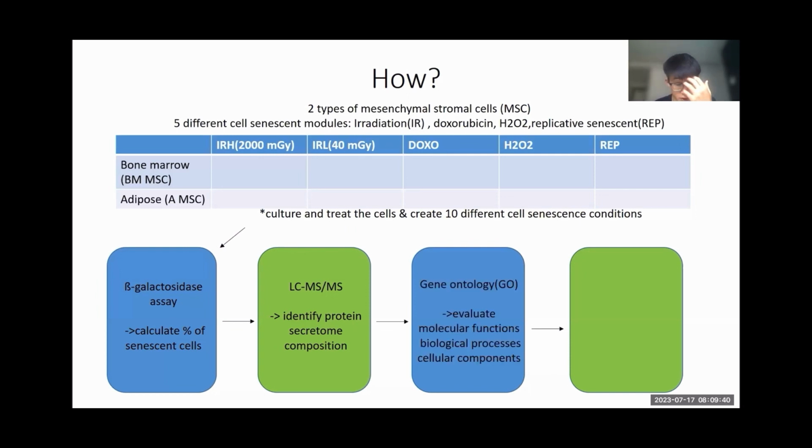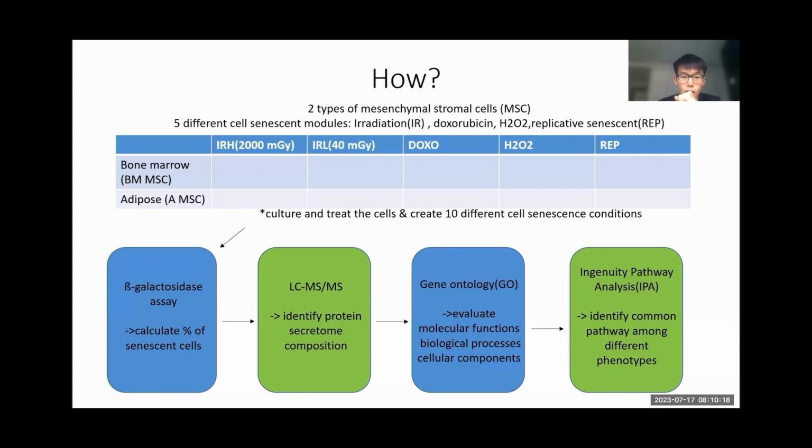And then they use gene ontology to identify the molecular function, biological process and cellular components within different pathways. And finally they use an analysis called IPA to identify the common pathways that occur in different phenotypes. And I'll break it down one by one.